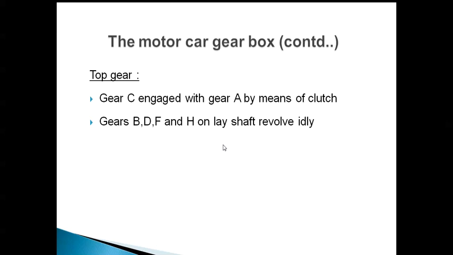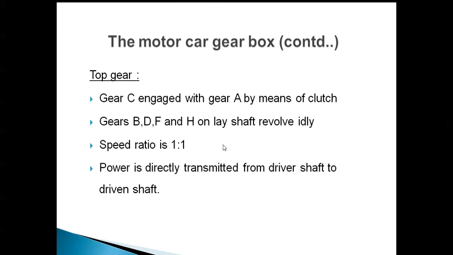So that is called top gear, meaning the speed of the driver is directly transmitted to the driven shaft without any difference. The speed ratio is 1 to 1. There is no change in the speed. Power is directly transmitted from the driver shaft to the driven shaft.